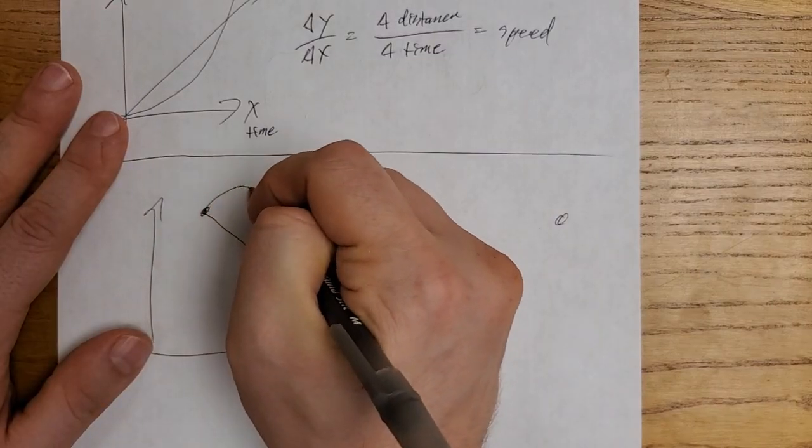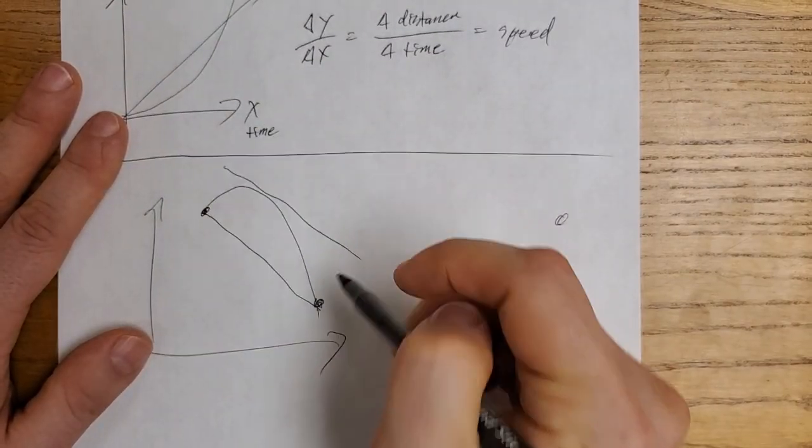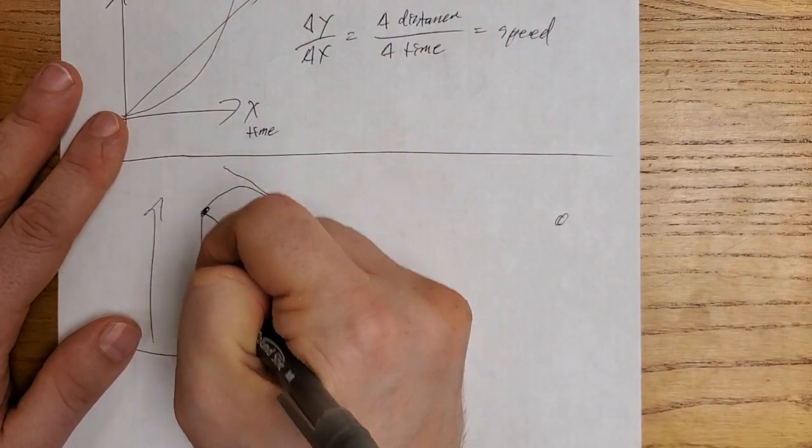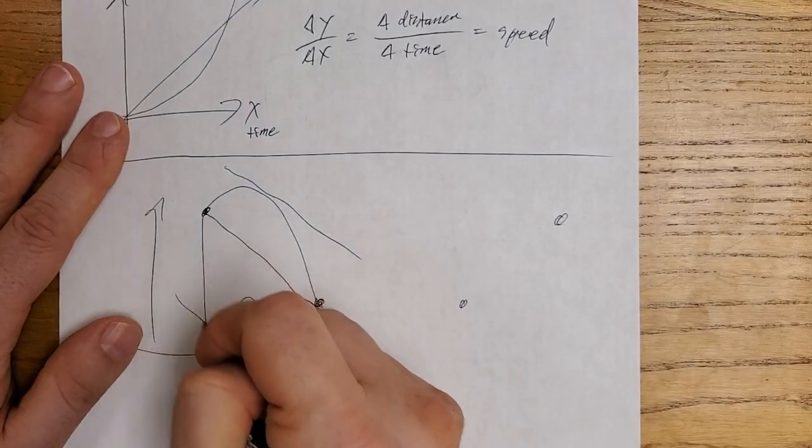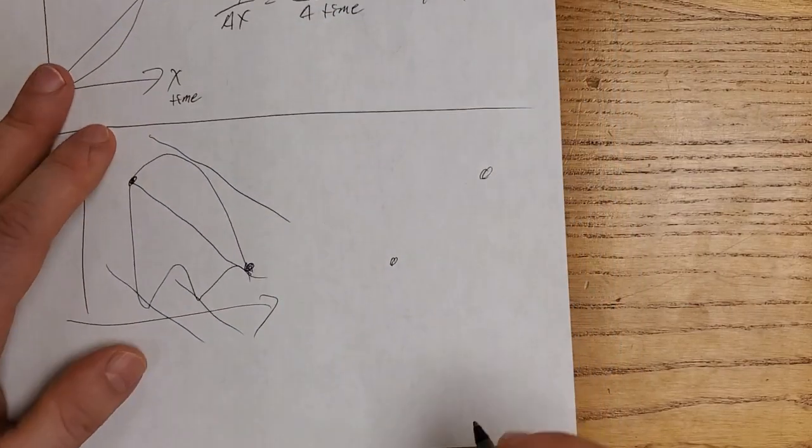You can't go up and back down without matching the slope there. You can't go down and back up without matching the slope there.